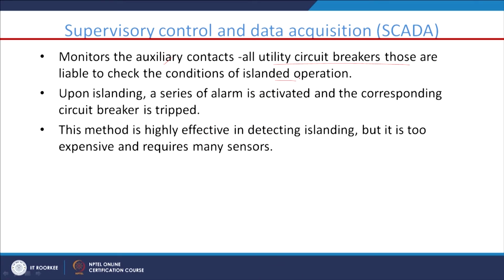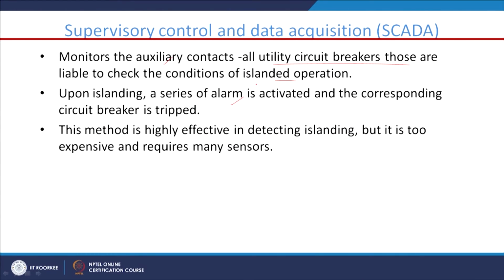If the main grid is islanded, that particular breaker at the main grid side is open, and that status will inform us that the microgrid is now disconnected from the main grid. Upon islanding, a series of alarms is activated and the corresponding circuit breaker is tripped, and then we can take the corresponding remedies. That is what the SCADA system does.